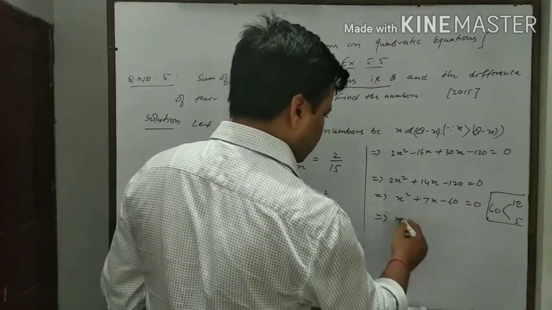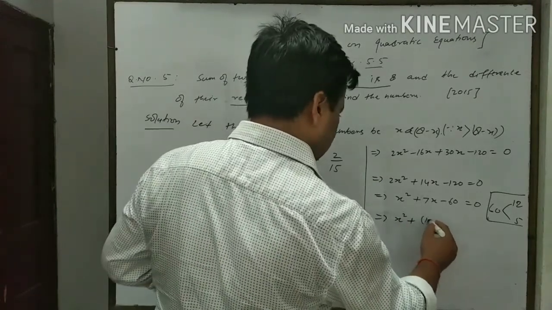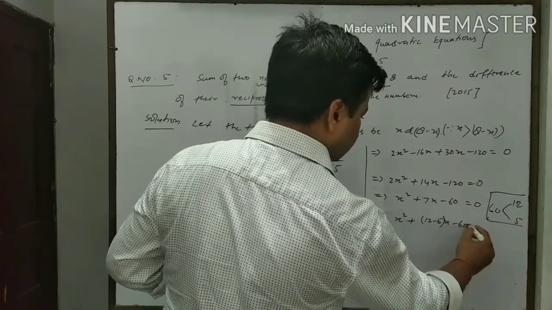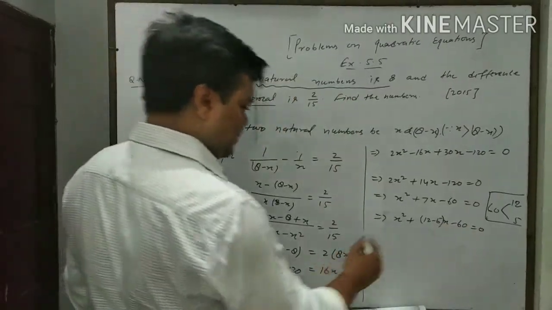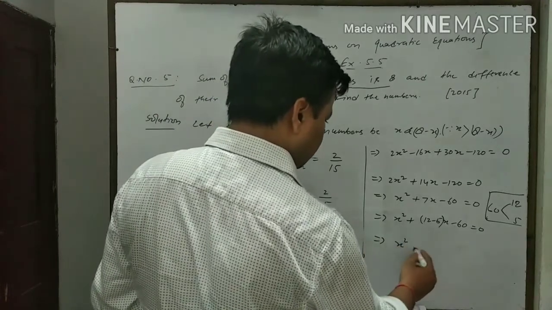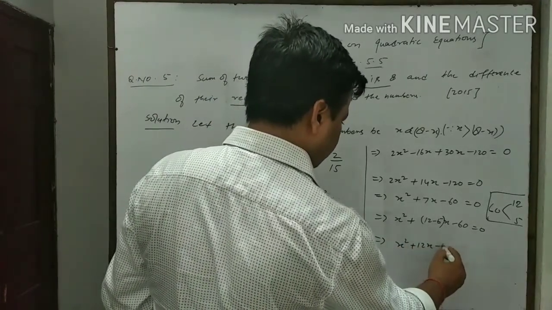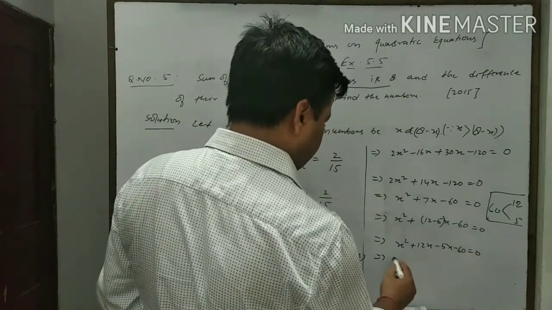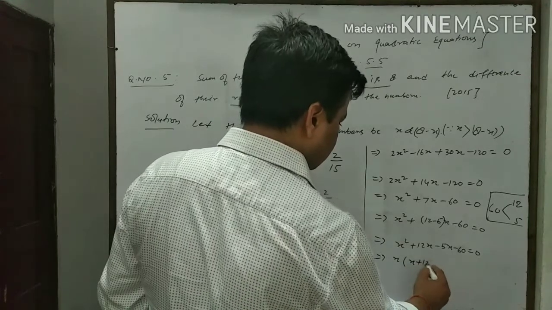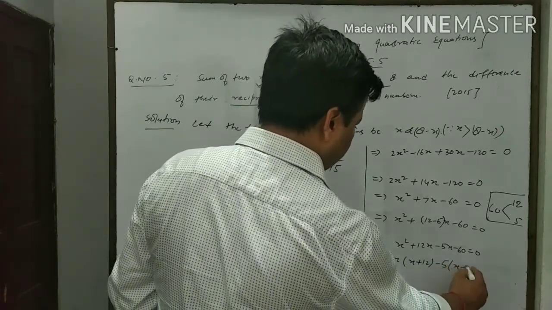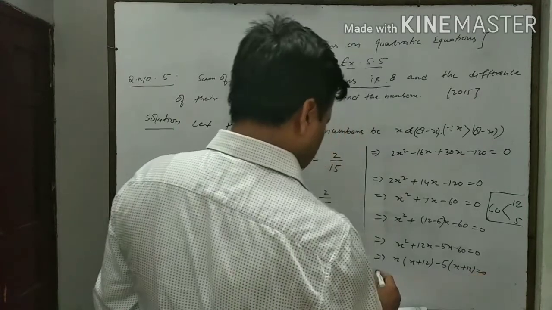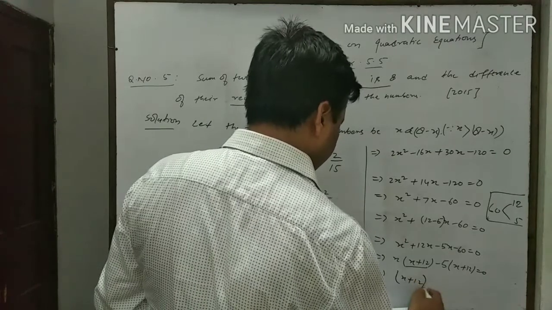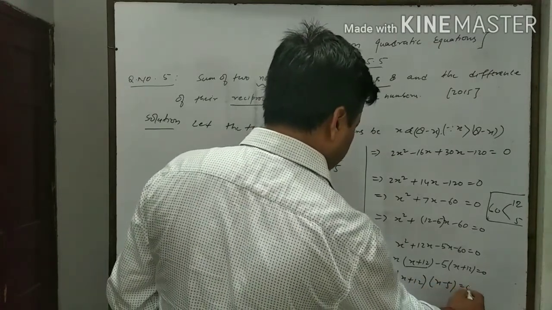Therefore, we can write x square plus 12x minus 5x minus 60 is equal to 0. Take x common: x into x plus 12, minus 5 into x plus 12. Again x plus 12 is common, so x plus 12 and x minus 5 equal to 0.